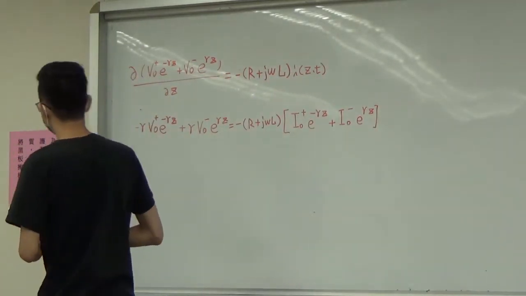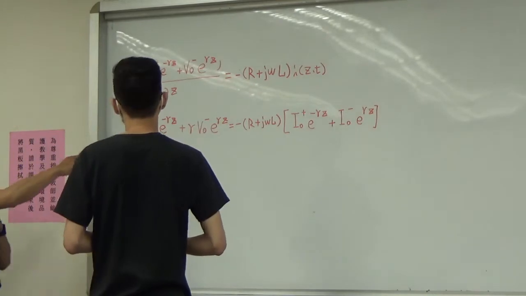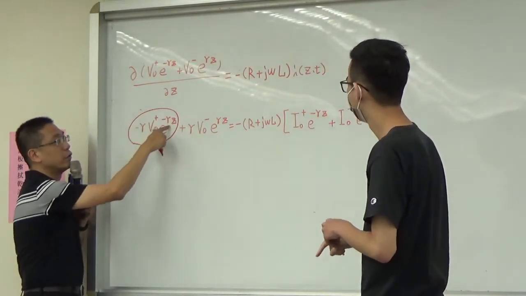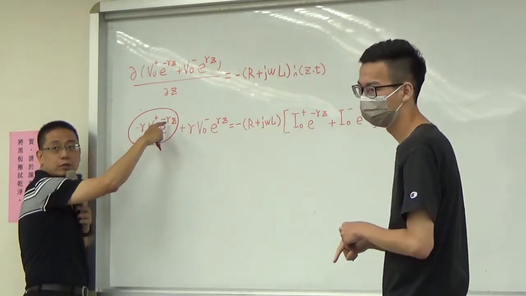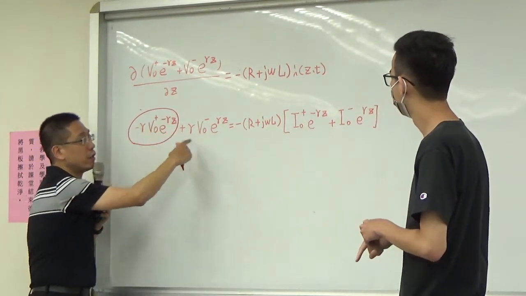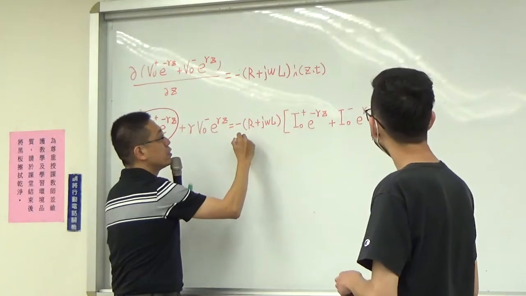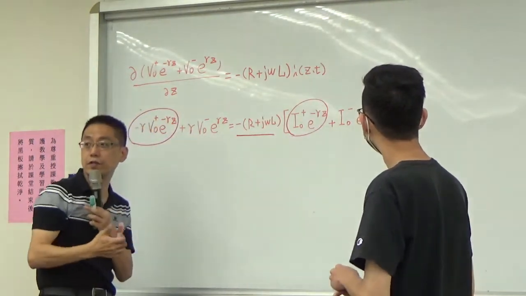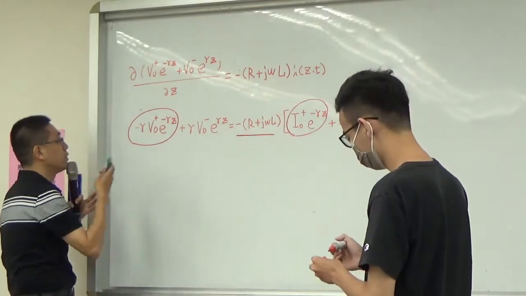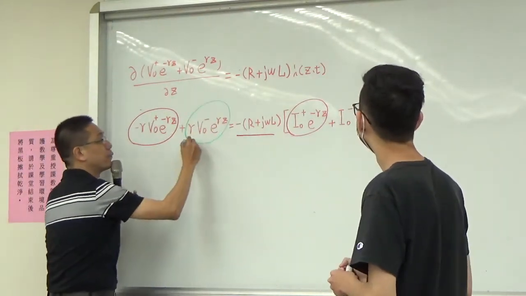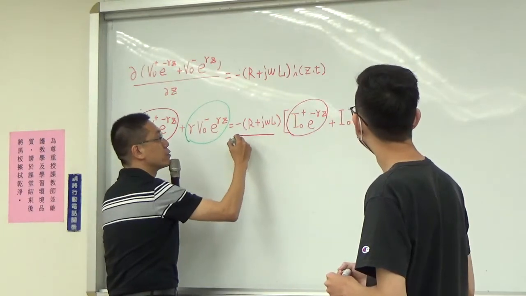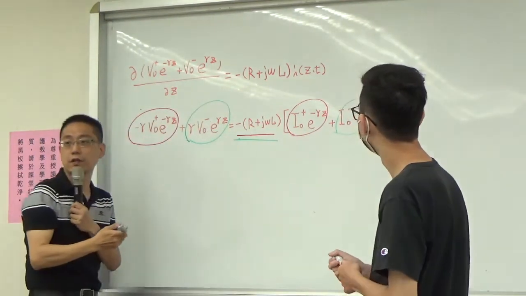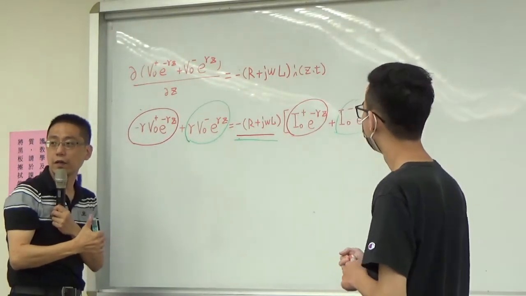Okay, then you separate this term. You have an exponential to the minus gamma z equals this term times this part. You separate this part, and this term equals also this term times this part. Okay?